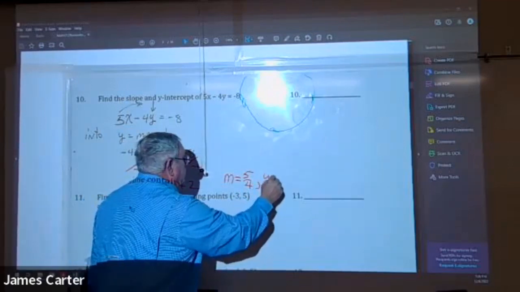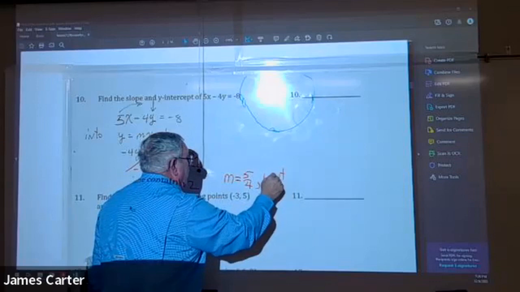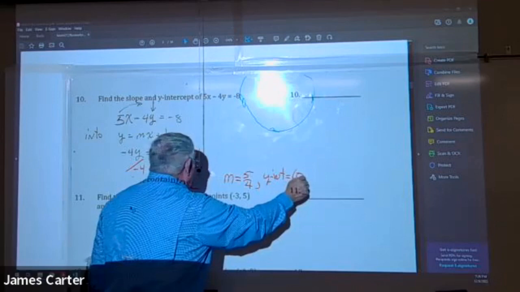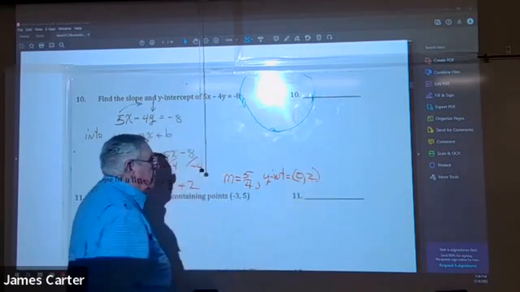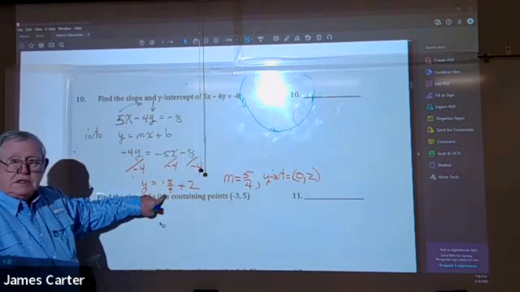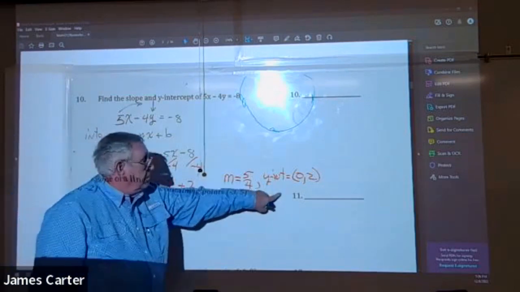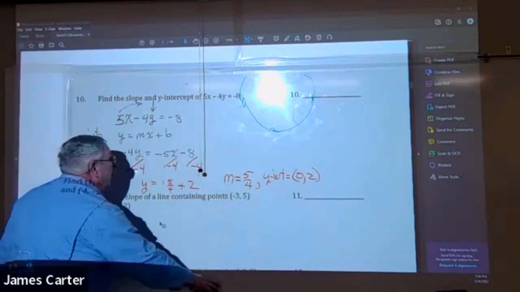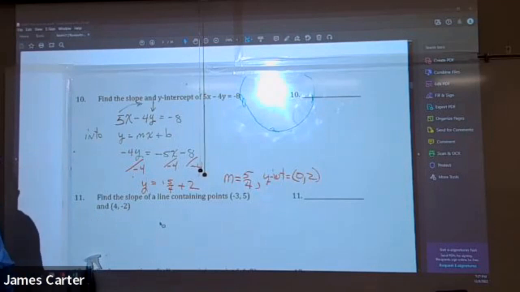The y-intercept equals the point (0, 2). The y-intercept always has to be in point form if they ask for the intercepts. It's picky stuff, I know. I mean, you get this far, you're going to get 3 points, but 4 is better. Any questions before I go on?